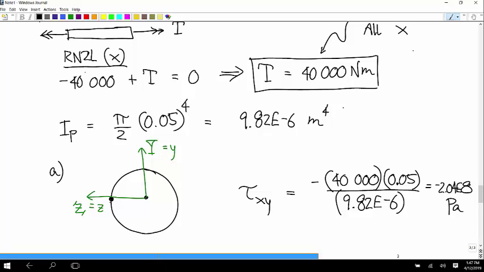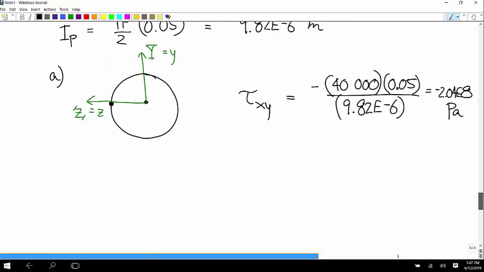Our temporary coordinate system is already lined up with our actual coordinate system. We don't have to do any kind of rotation. So our stress tensor due to torque at this point is 0, negative 2.04 times 10 to the 8, 0, then negative 2.04 times 10 to the 8, and zeros everywhere else.